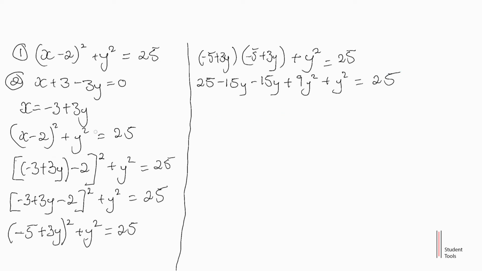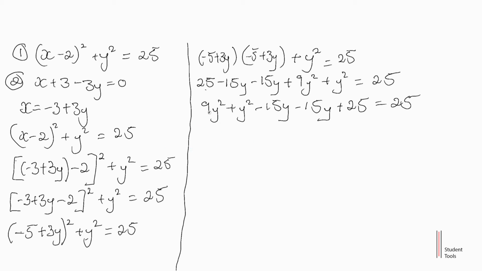Now let us collect like terms: 9y² + y², then −15y and another −15y, followed by the constant +25, equal to 25.